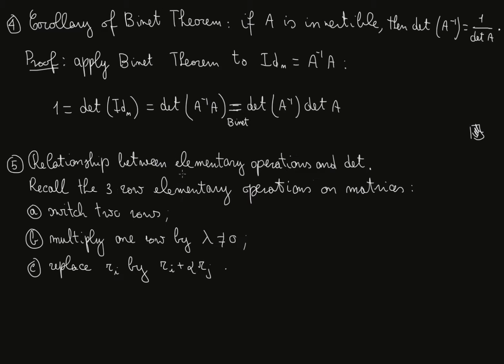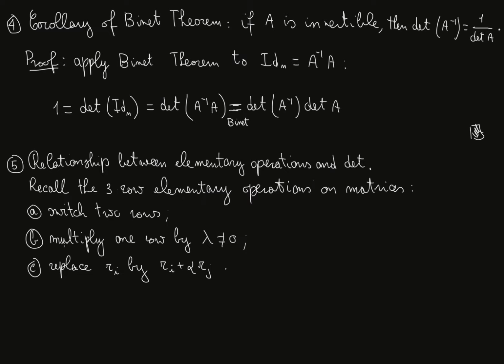It might change very erratically, and we might not be able to find any concrete law that allows us to track back the value of the determinant if we know the sequence of elementary operations that we apply to the matrix. We are going now to analyze for each of the row elementary operations what happens to the determinant. The first one being switching 2 rows, any 2 rows of the matrix.